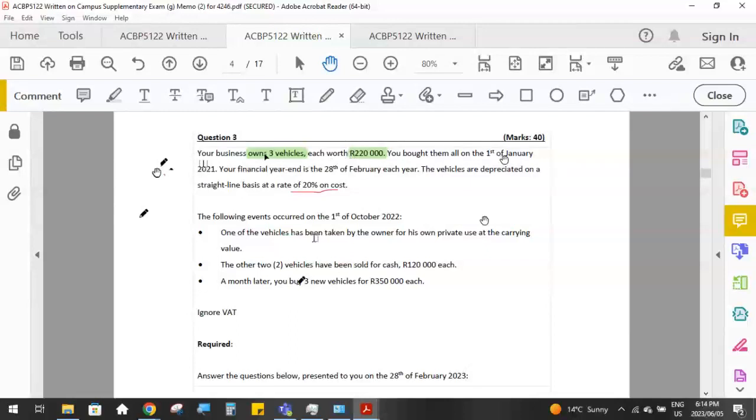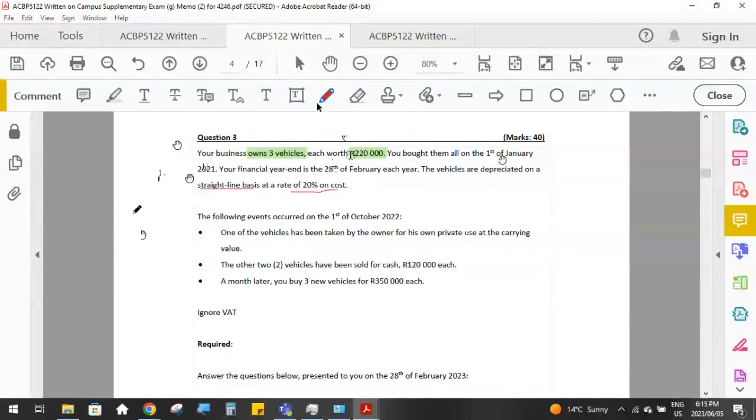All of these vehicles were purchased on the 1st of January 21. Our year end is the 28th of February each year, and the vehicles are depreciated on the straight line basis at 20% per annum on cost.